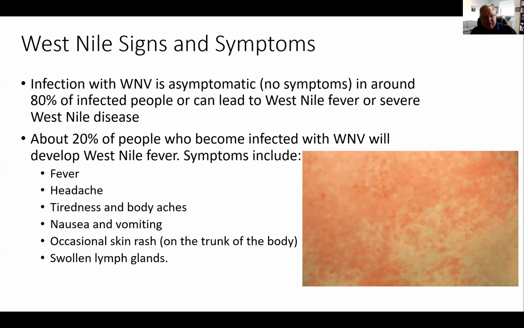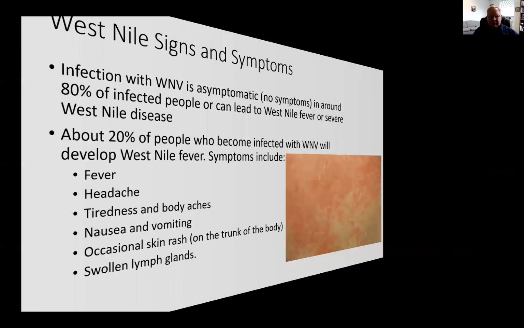Signs and symptoms. Infection with West Nile is asymptomatic in around 80%, as we've said. It can lead to West Nile fever or severe West Nile disease. About 20% of the people who become infected will develop West Nile fever. Symptoms include fever, headache, tiredness, body ache, nausea and vomiting, occasional skin rash on the trunk of the body, and swollen lymph glands.